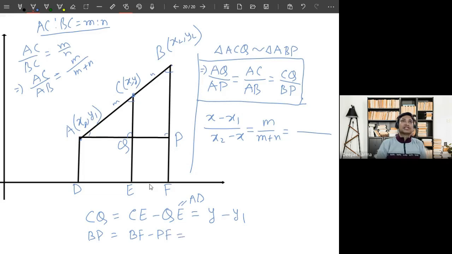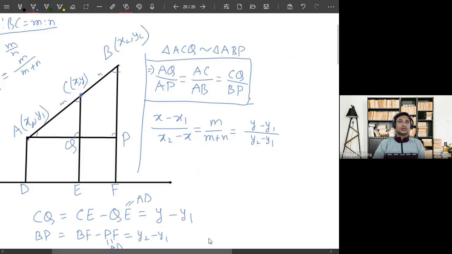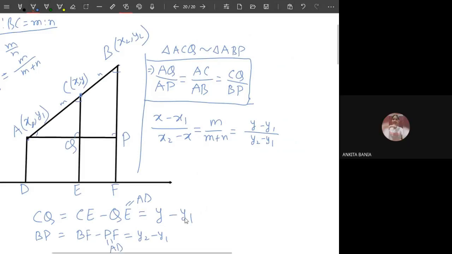What is BF? BF is Y2. What is PF? PF is the same as AD, so it is Y1. Is it clear, all of you? So I can write Y minus Y1 by Y2 minus Y1. Up to this part, if any of you have any question, please ask.